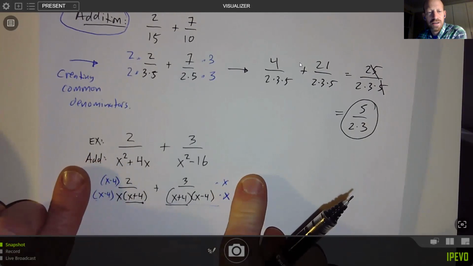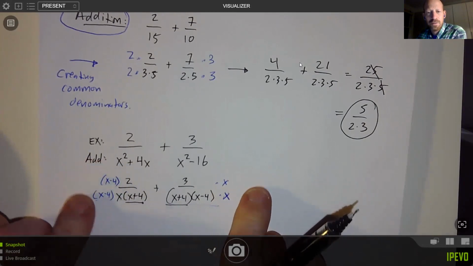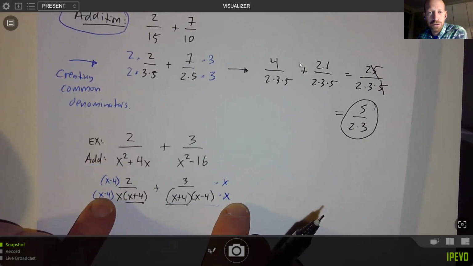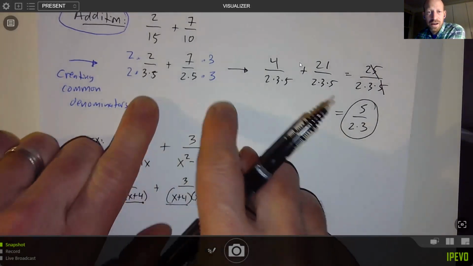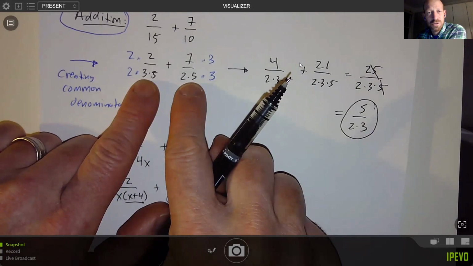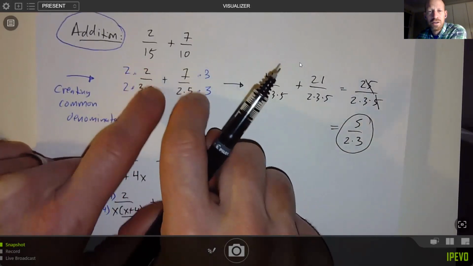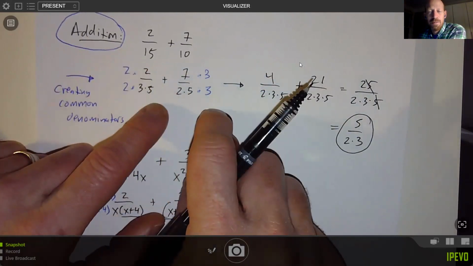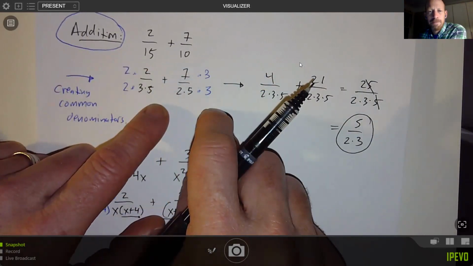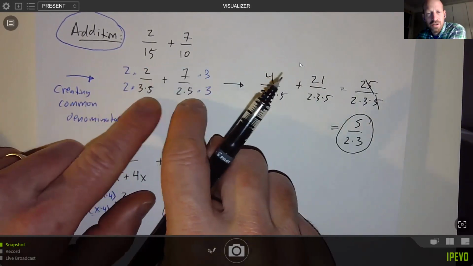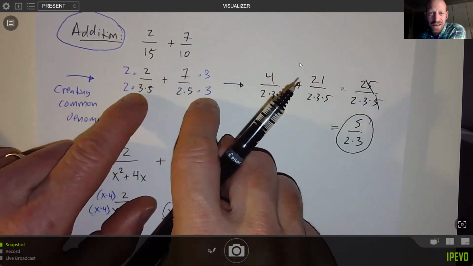So I try and teach it this way, as a way of creating the least common denominator without even really thinking about what it is. And that's how I do it with the numbers too. Some of you might look at 15 and 10 and just know that 30 is the least common denominator, but you don't even really need to do that if you just focus on keeping track of the factors.